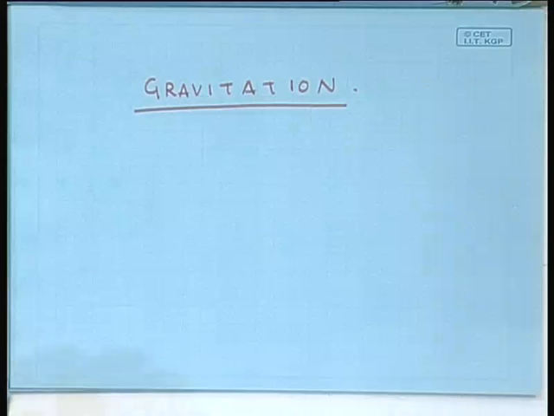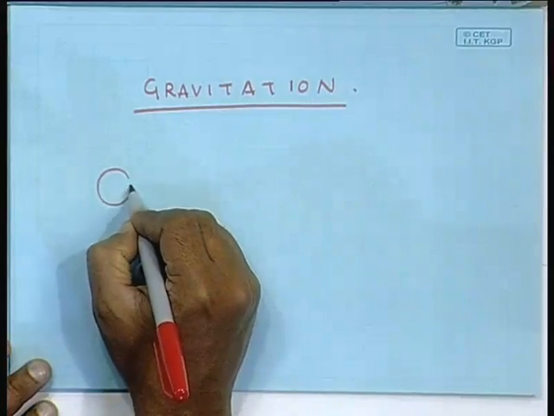Now, I am sure all of us here know the laws of gravity as they were proposed by Newton, and what Newton proposed was that there is a gravitational force exerted by massive objects.